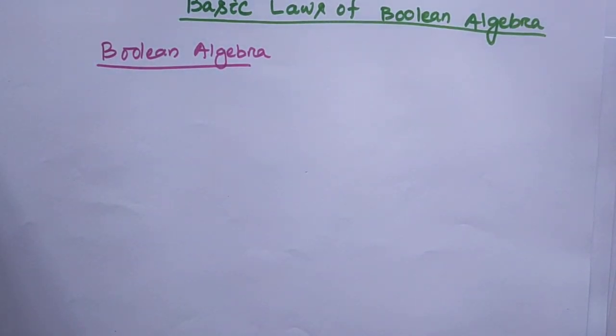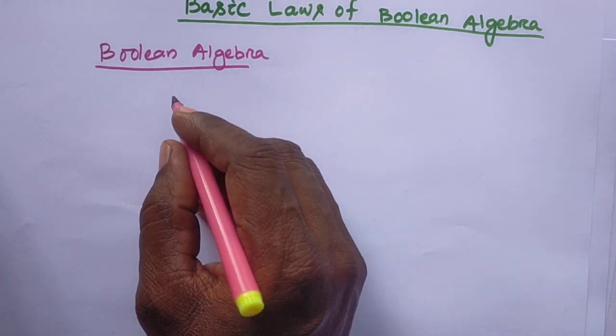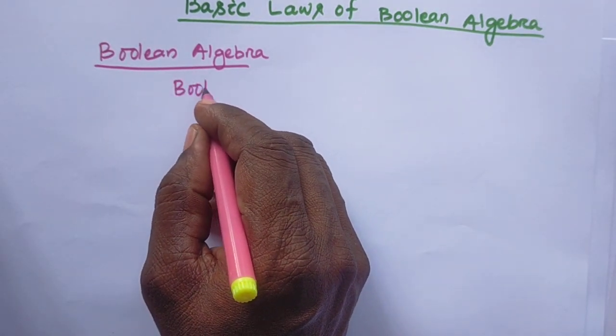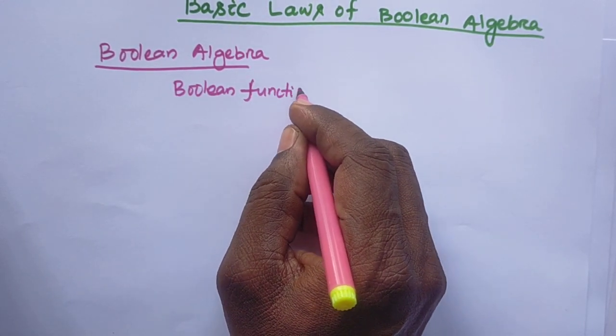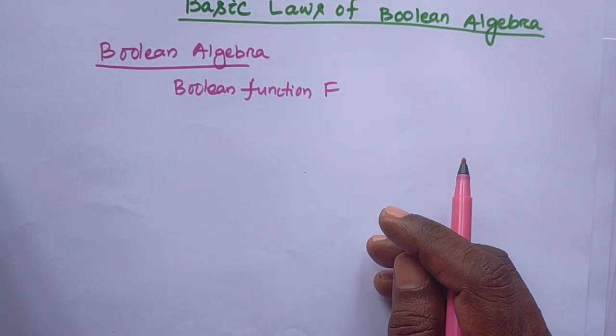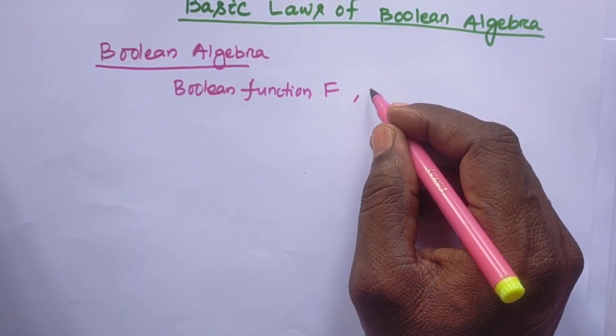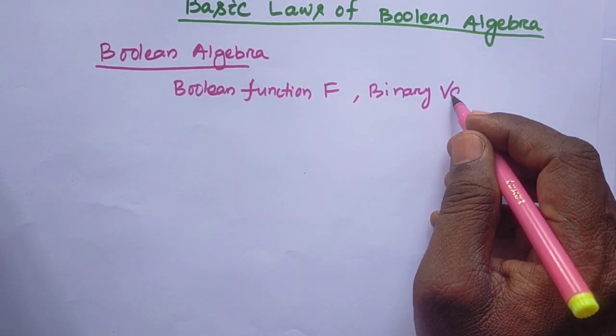So the definition: we have to create a certain relation between a Boolean function f and binary variables.